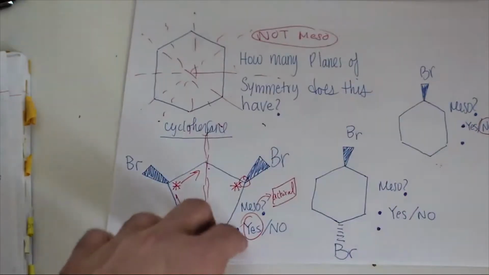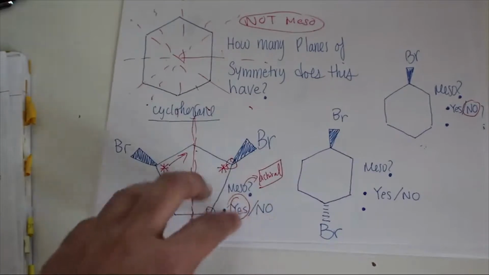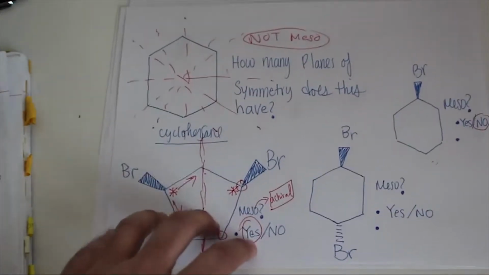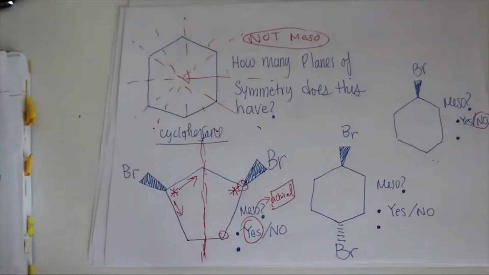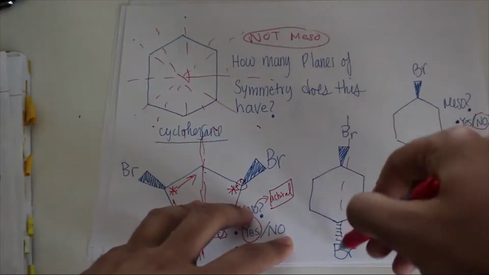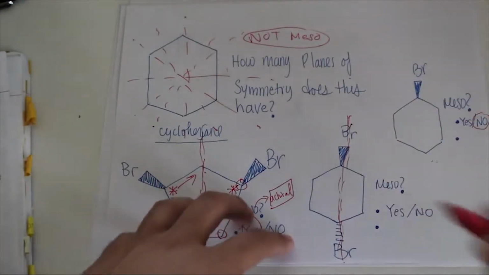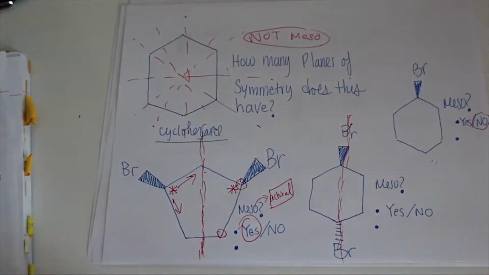Okay. Now with this one, we're going to see if this one's meso. For meso, we want to see if there's an internal mirror plane of symmetry. We do have that here. But now we have to see if there are chiral carbons.